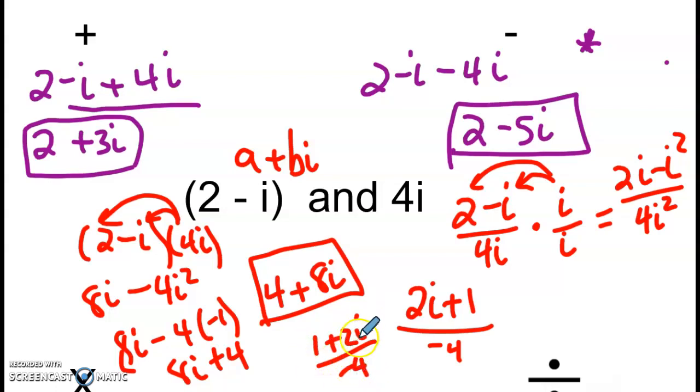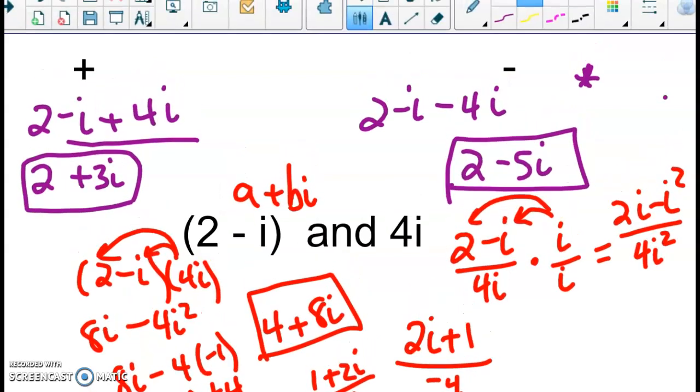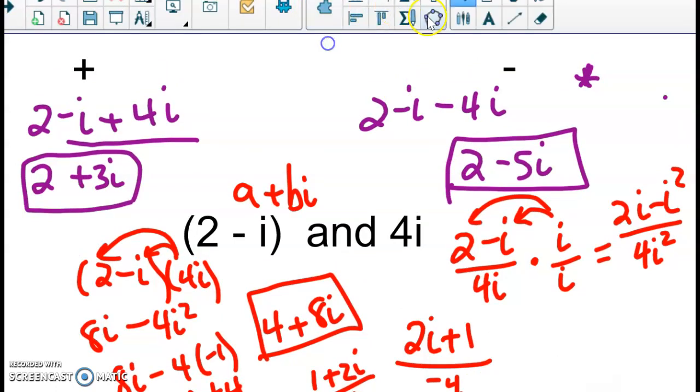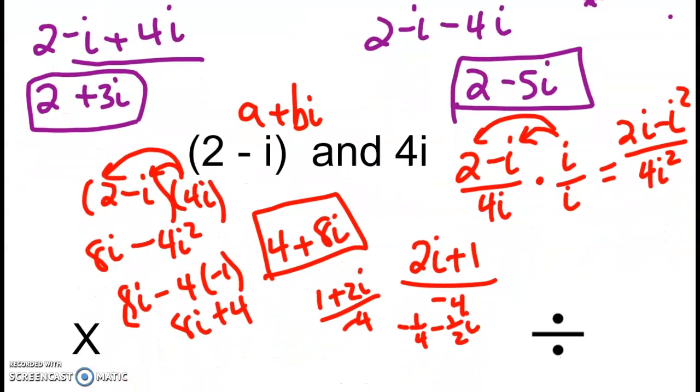Just for proper form, I might write 1 plus 2i over negative 4. And then if they really want a plus bi form, I might separate this as negative 1/4 minus a half i. Negative 1/4 minus a half i. Okay? Half because it was 2/4, of course. Okay?